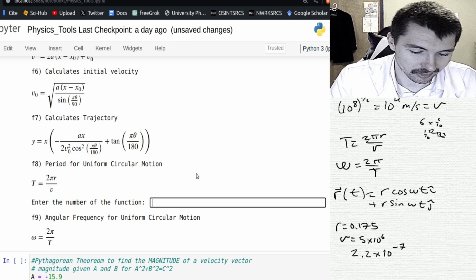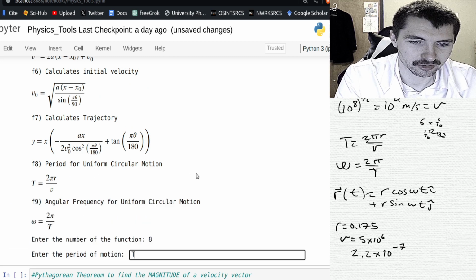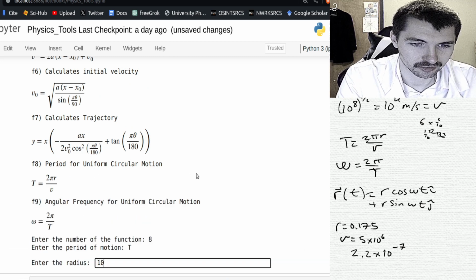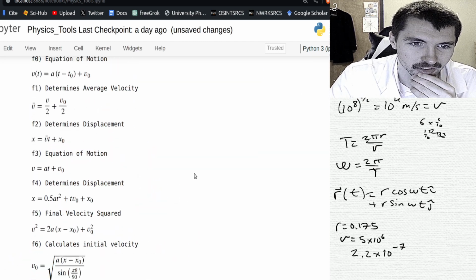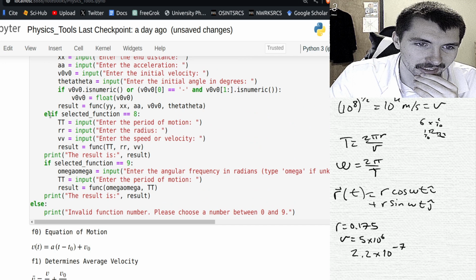Okay, does function 8 work? Okay, function 8 works. It's like the elif is just breaking right now. Why is it breaking?